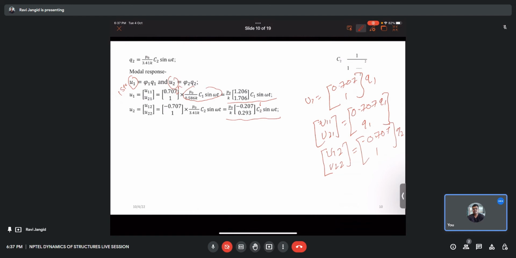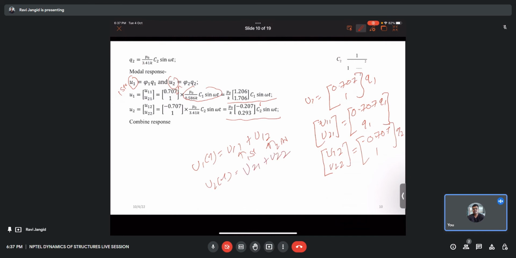So after getting u1 and u2, we can find the overall response, the response in degree of freedom 1 and the response in degree of freedom 2. For degree of freedom 1, u1(t) will be u11 plus u12, due to the first mode and due to the second mode. And for u2(t), that would be u21 plus u22.